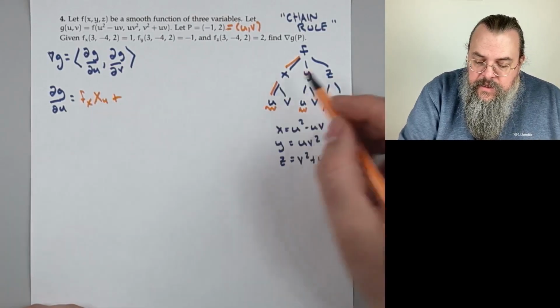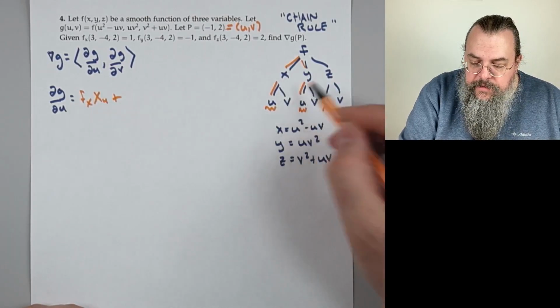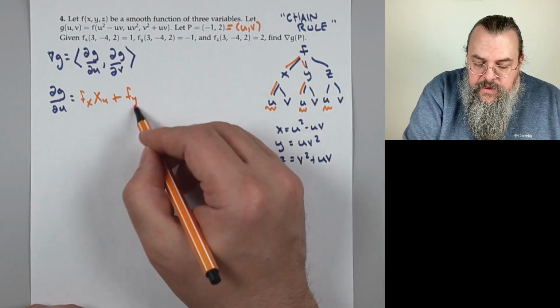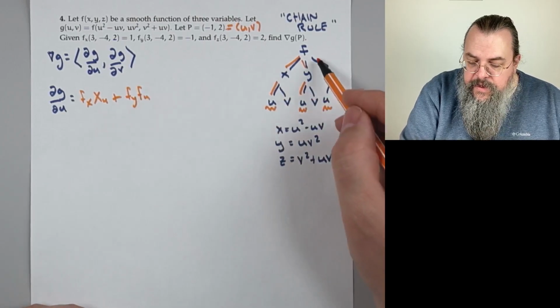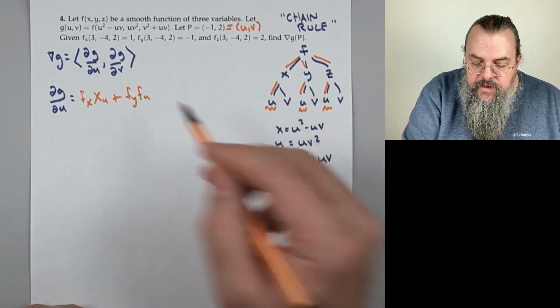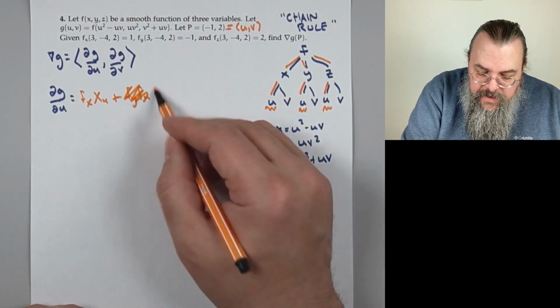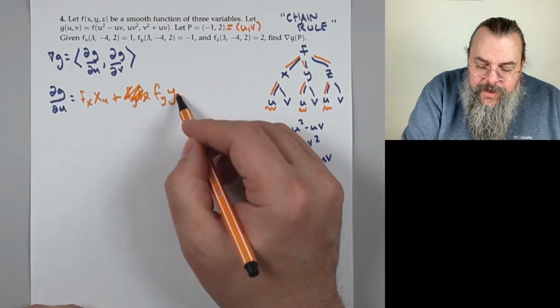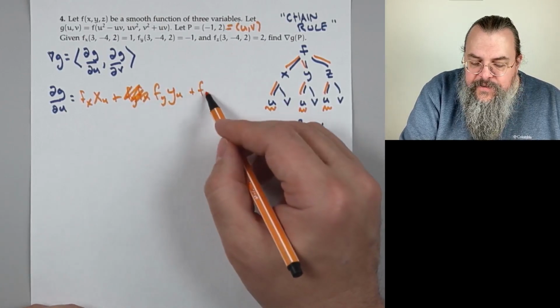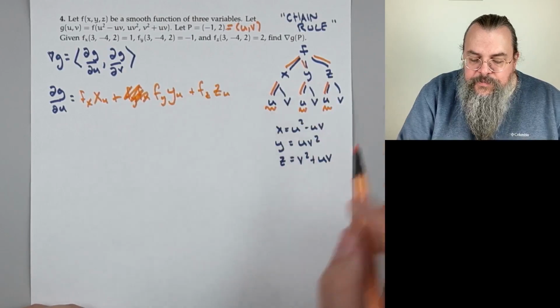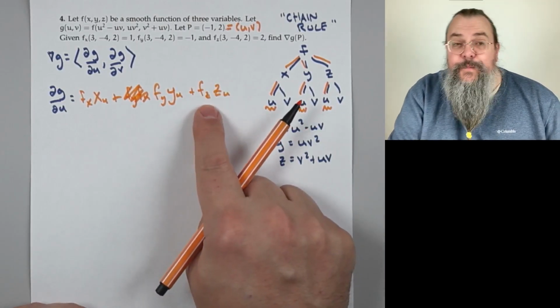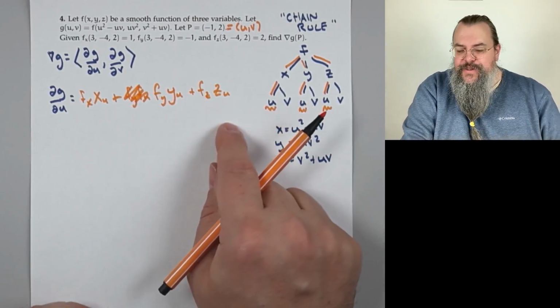Then f sub y, y sub u, f sub z, z sub u. So this is shorthand for partial f, partial z, partial u.